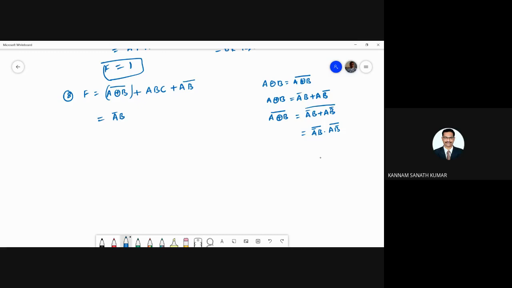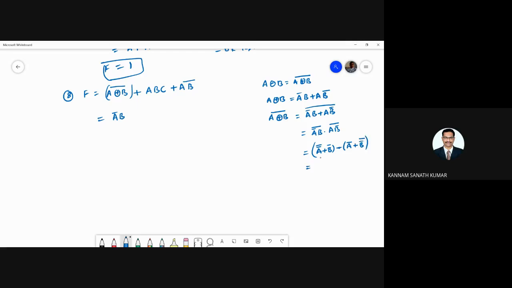That means OR will convert into AND and the complement is applicable to each and every literal. Okay. Again you have to apply De Morgan. So that means A bar plus B, A bar whole bar plus B bar, dot A bar plus B bar whole bar, okay.